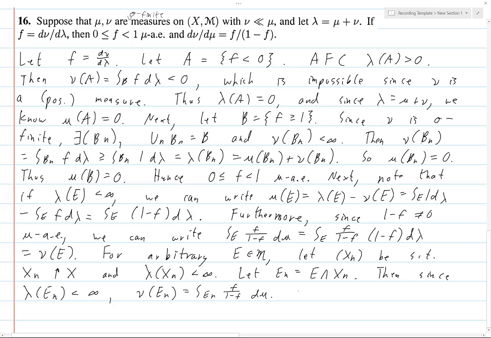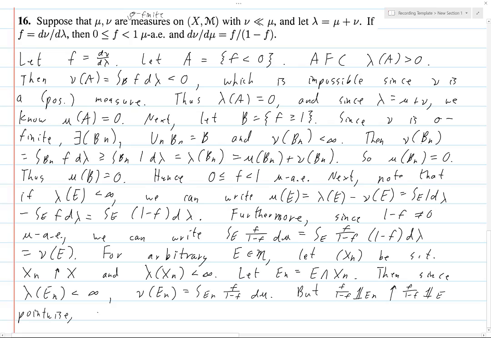But now the sequence of functions f over 1 minus f times the indicator of En increases to f over 1 minus f times the indicator of E pointwise.